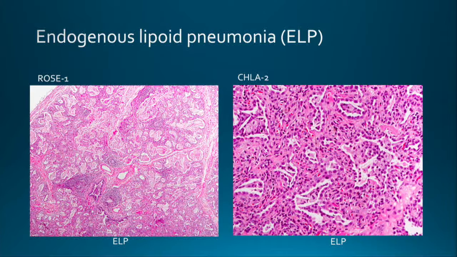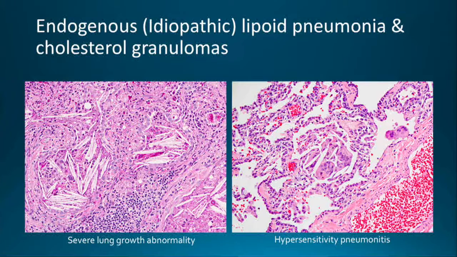Next slide. Like I mentioned, you can see it in a variety of other entities. On the left, you're seeing similar cholesterol clefts and proteinaceous material in the setting of a severe lung growth abnormality, not unlike you might get in some cases of pulmonary hypoplasia.